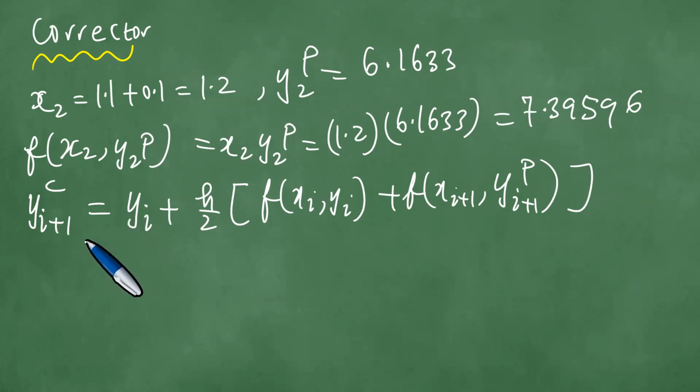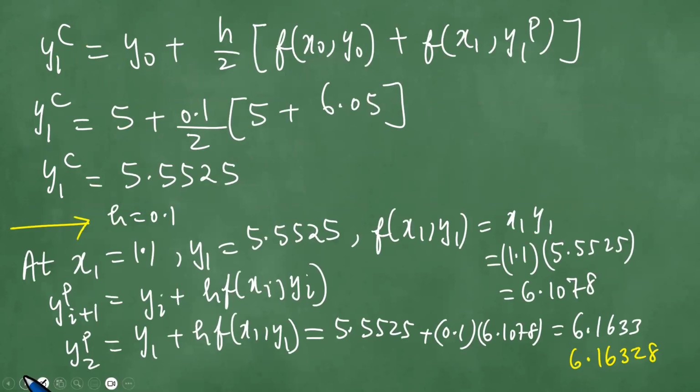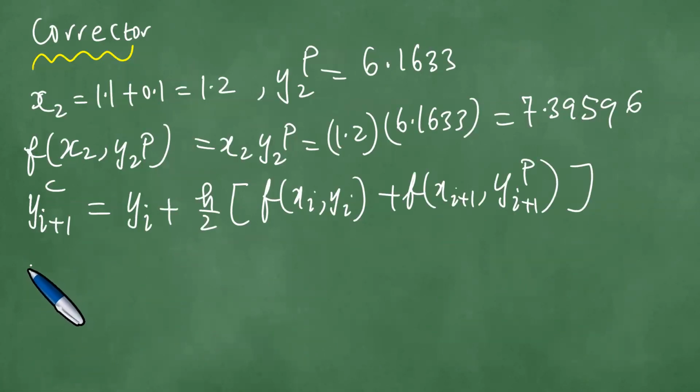Okay, that's fine. Now, with this, we must get y2, because we got y2c and we got y2p, we must get y2 of the corrector. So what is y2 of the corrector?